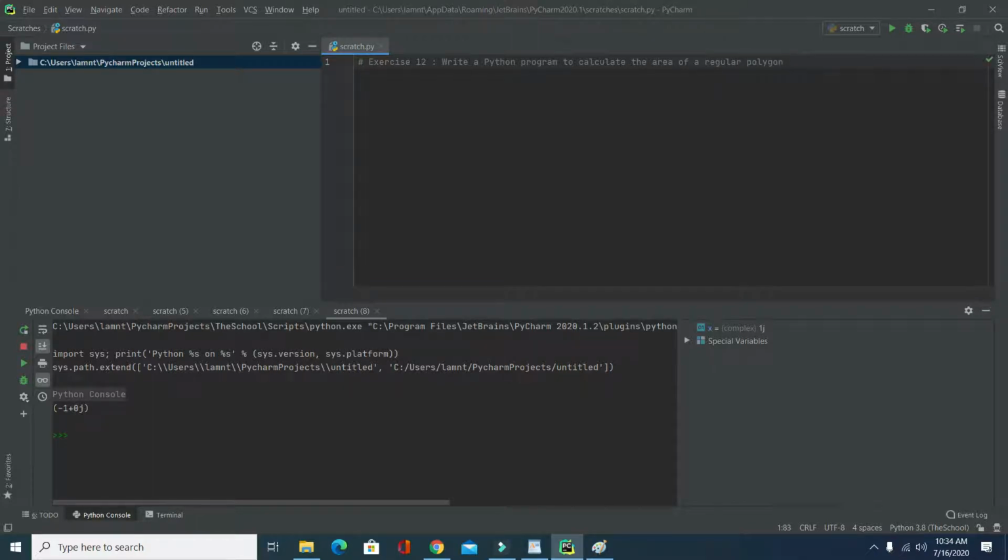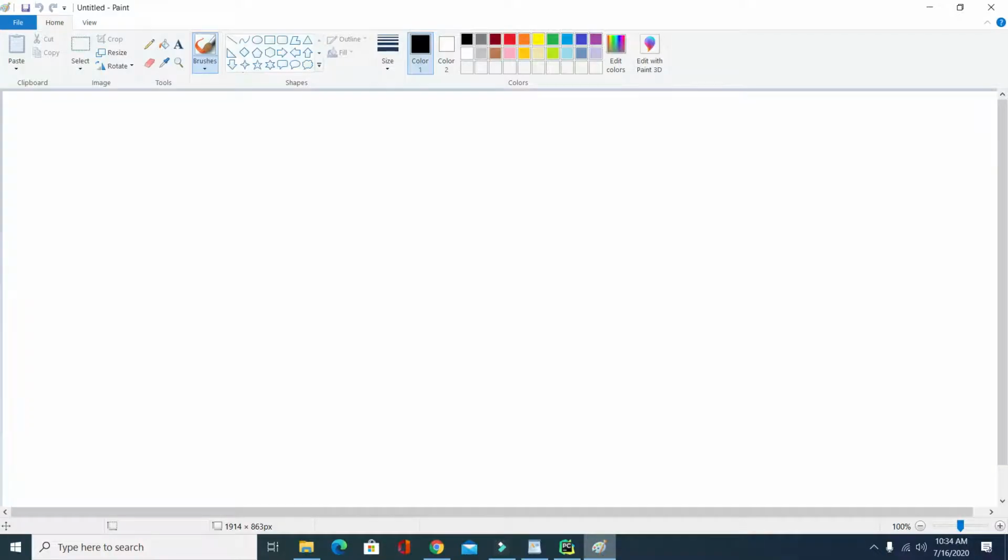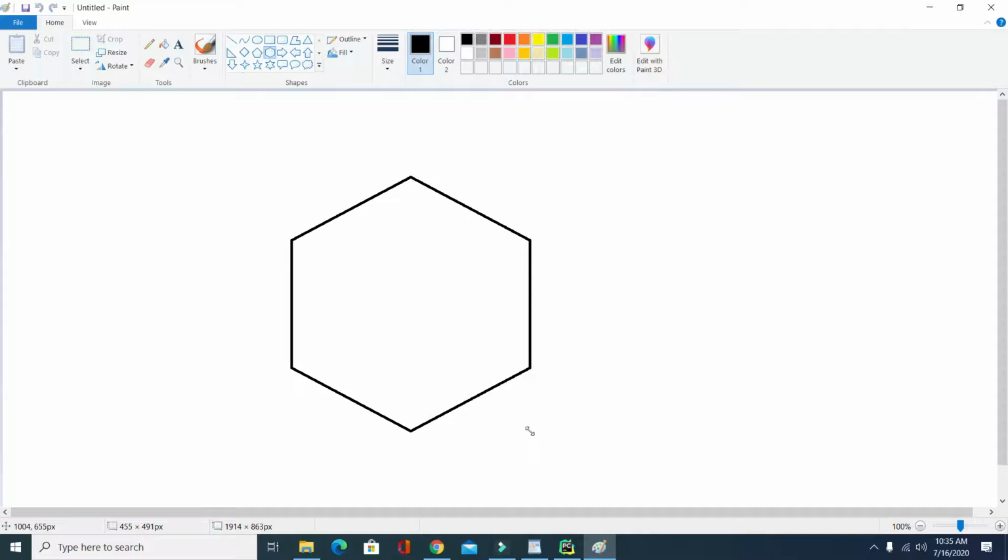Alright, so now we're gonna have a polygon. Let's have a hexagon. So we're gonna calculate the area of this figure, this regular polygon, regular hexagon.